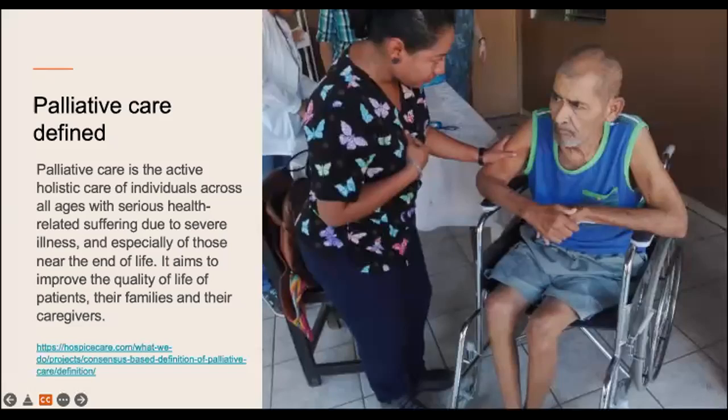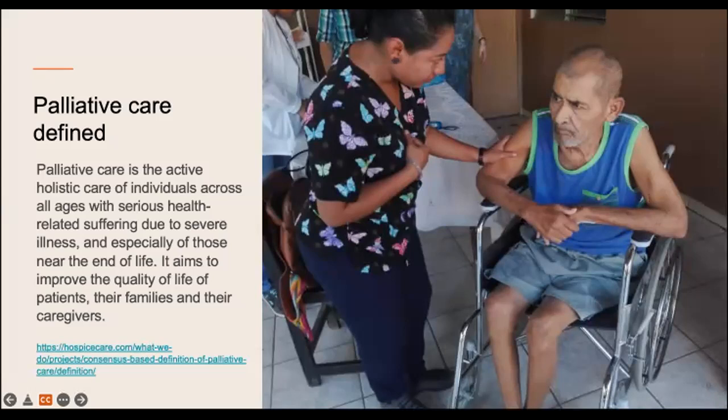Before going any further, let's equip ourselves with a basic definition of palliative care, which is further elaborated on the IAHPC website. So palliative care we understand as the active, holistic care of individuals across all ages with serious health-related suffering due to severe illness, and especially of those near the end of life.